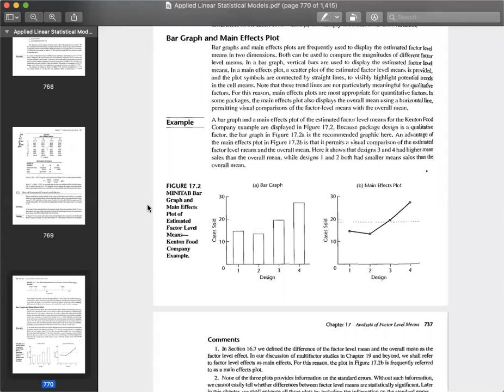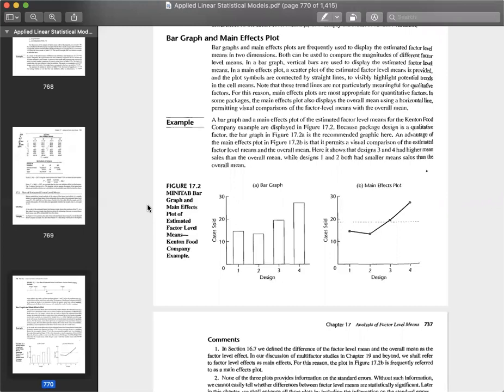Now the bar graph and the main effects plot. Bar graphs and main effects plots are frequently used to display the estimated factor-level means in 2 dimensions. Both can be used to compare the magnitudes of different factor-level means. In a bar graph, vertical bars are used to display the estimated factor-level means. In a main effects plot, a scatter plot of the estimated factor-level means is provided, and the plot symbols are connected by straight lines to visibly highlight potential trends in the cell means.